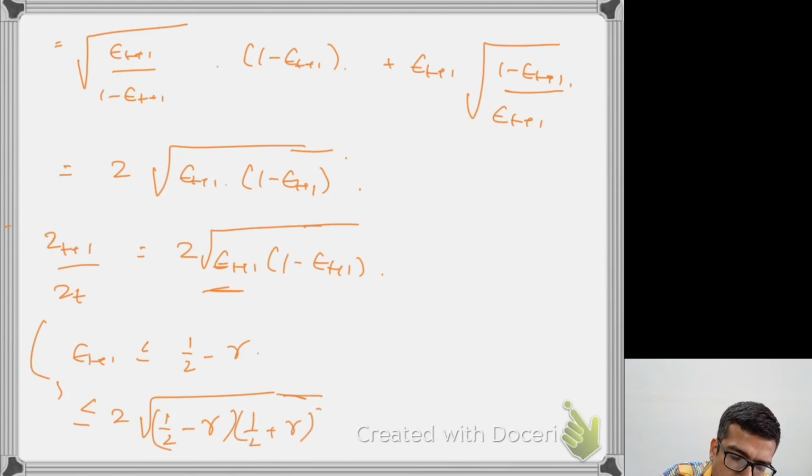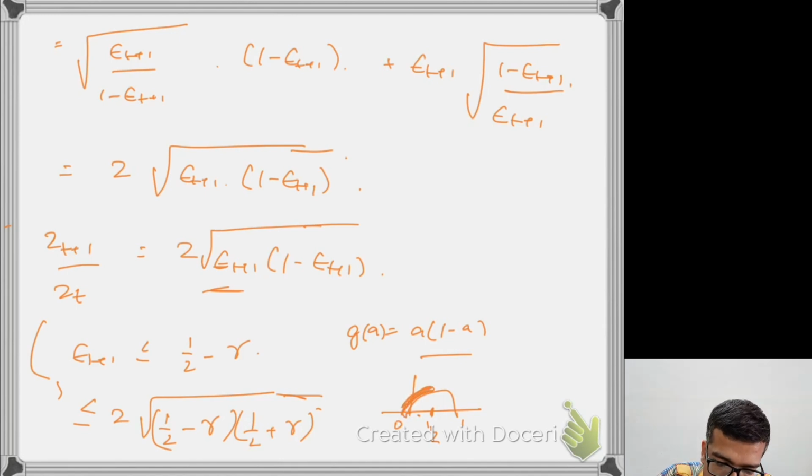If I look at the function g(a) equals a times (1 minus a), it has zeros at 0 and 1, and there is a maxima at half. So this is monotonically increasing between 0 and half, and epsilon_{t+1} is somewhere over here, less than half minus gamma.